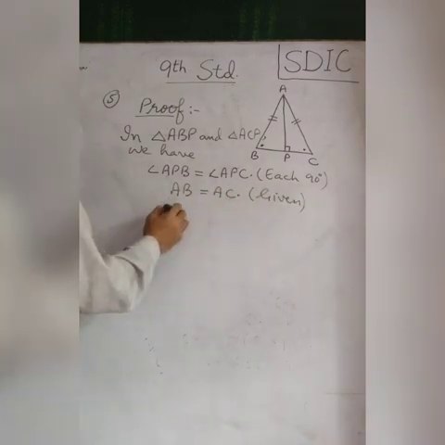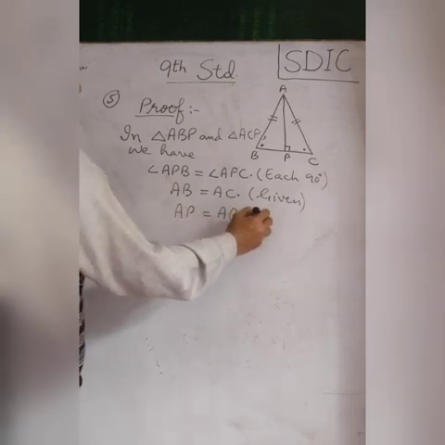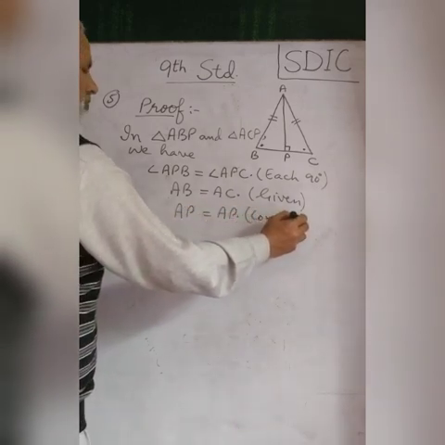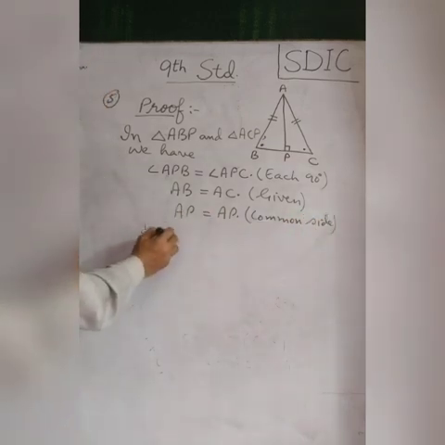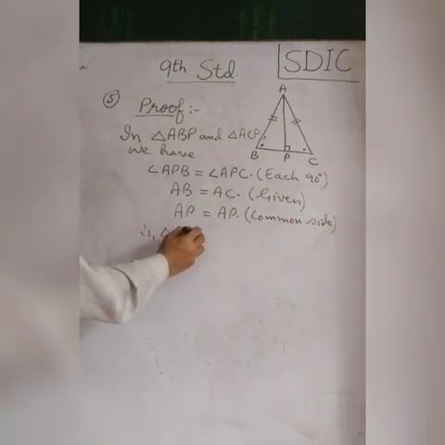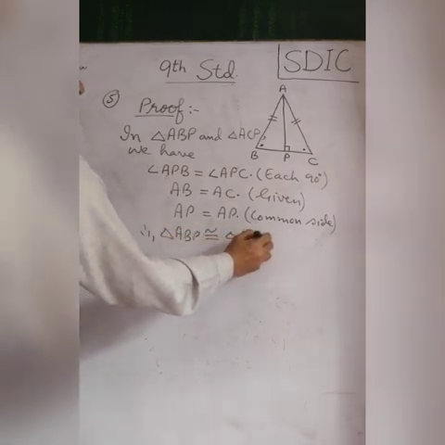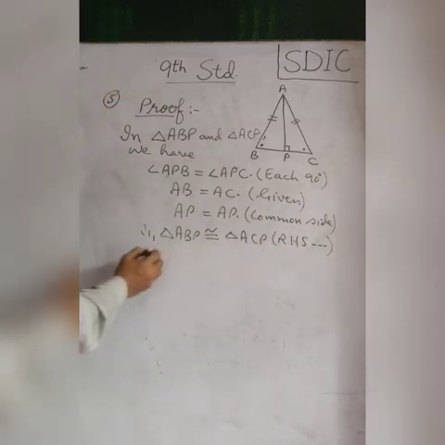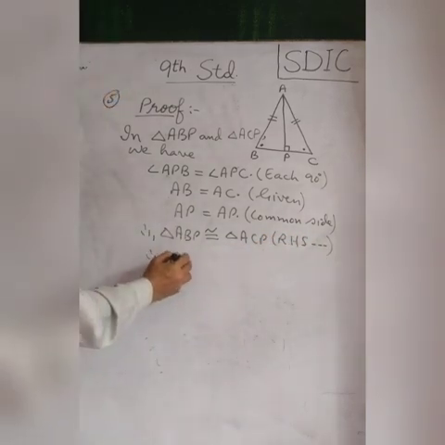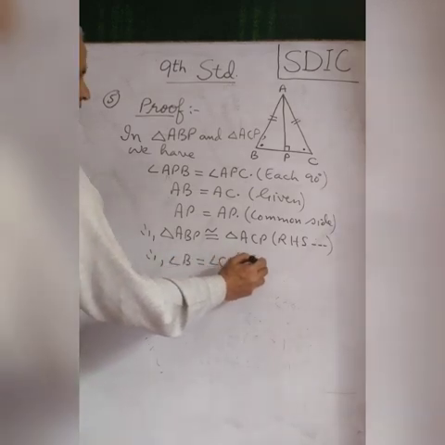Common side AP. Therefore, triangle ABP is congruent to triangle ACP by the RHS congruency rule, and then CPCT will give us angle B equal to angle C. That completes the proof of this question.